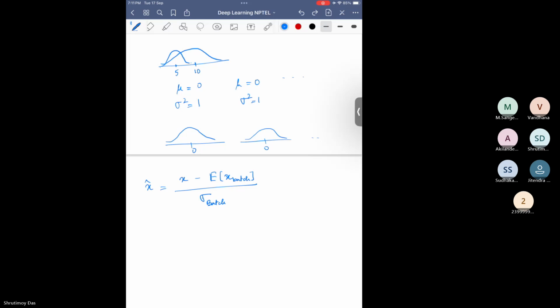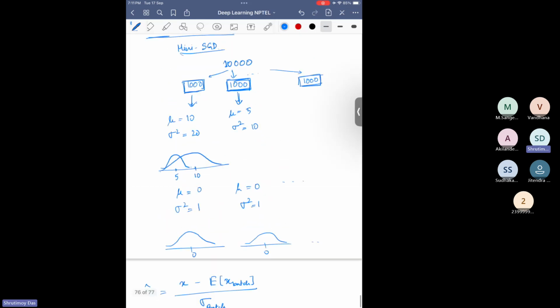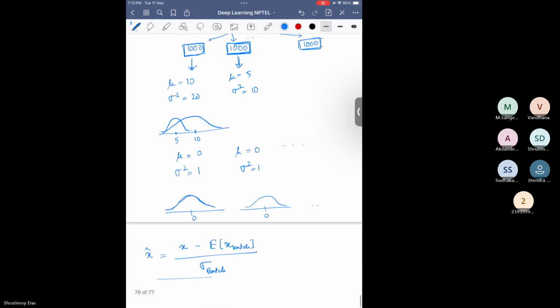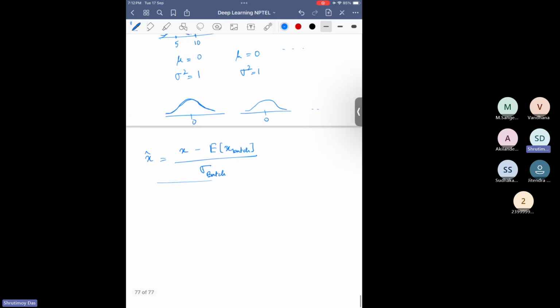You apply this transformation to each of these batches, and then each of these batches behaves as if it is sampled from the same Gaussian distribution of zero mean and unit variance, and the model does not have any such problem.